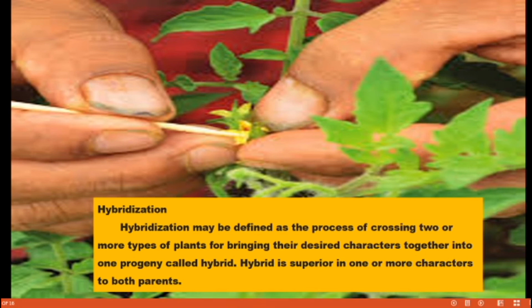So here is one thing we have to be careful about: the hybrid plant should always cross pollinate with a hybrid plant. Then only the desirable character is carried from one generation to another, and the character may be present in the fruits or vegetables.